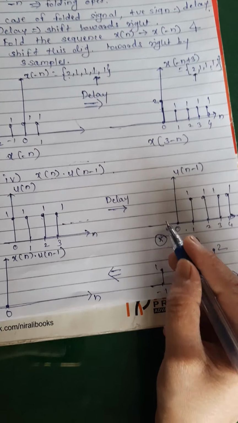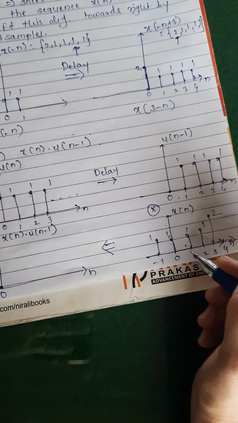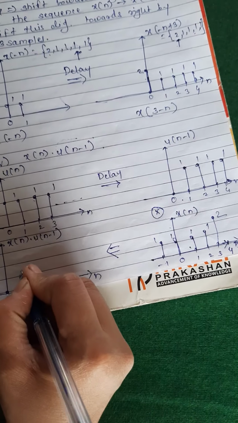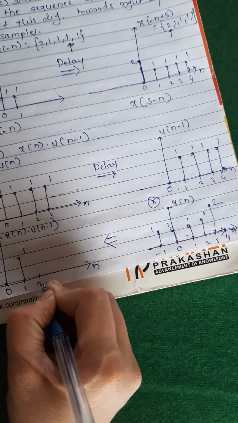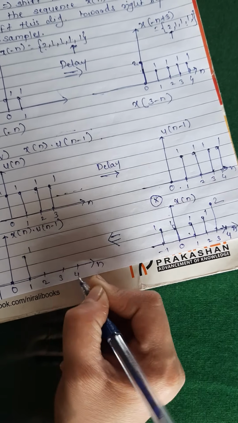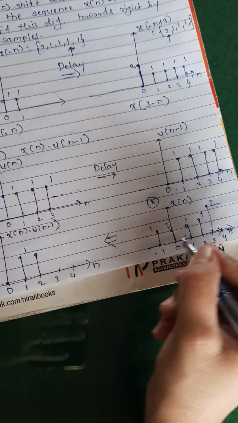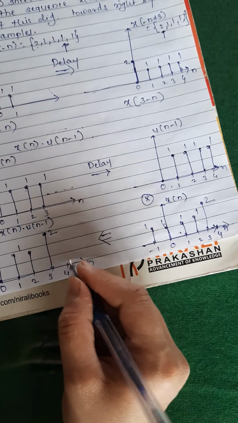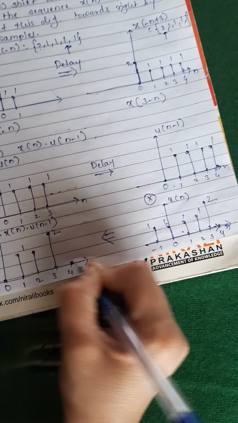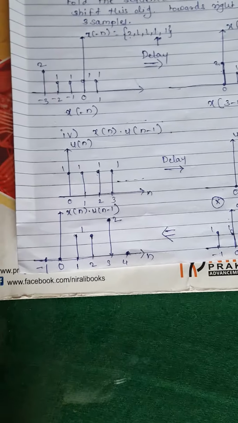For minus 1 it is 0 into minus 1, so for minus 1 also 0. For 1 it is 1 into 1, which is 1. For 2 it is 1 into 1. For 3 it is 2 into 1, so it is 2. And for 4 it is 1 into 0. So this signal is x of n into u of n minus 1.